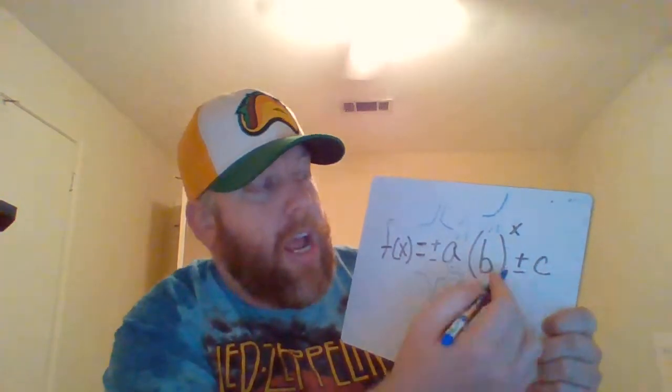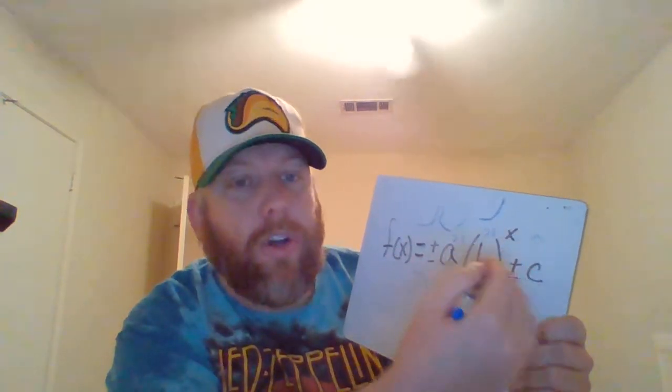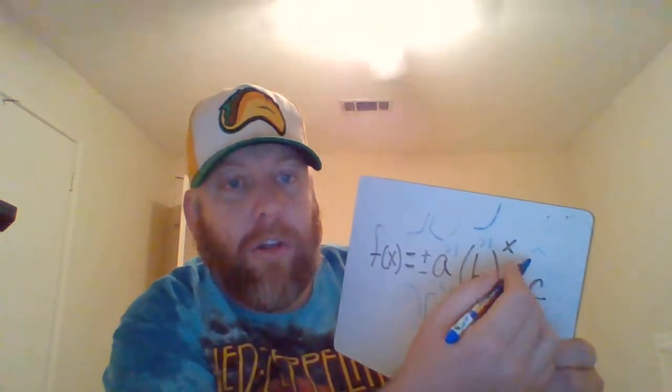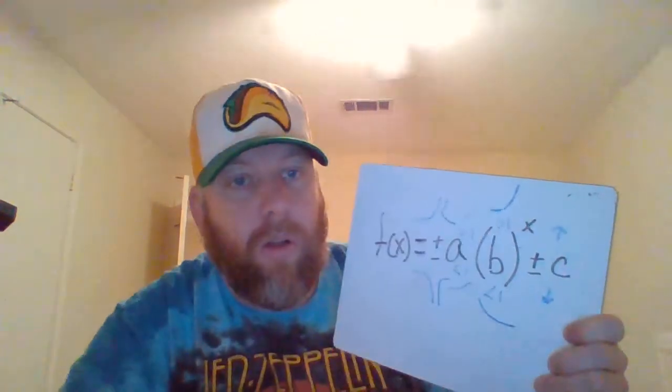So we have those two kinds of movements right there. And then when we have plus c, we're shifting up, and when we have minus c, we're shifting down. You remember that controls our asymptote. So our asymptote is raised or lowered. And then the parent function will just have an asymptote of 0.